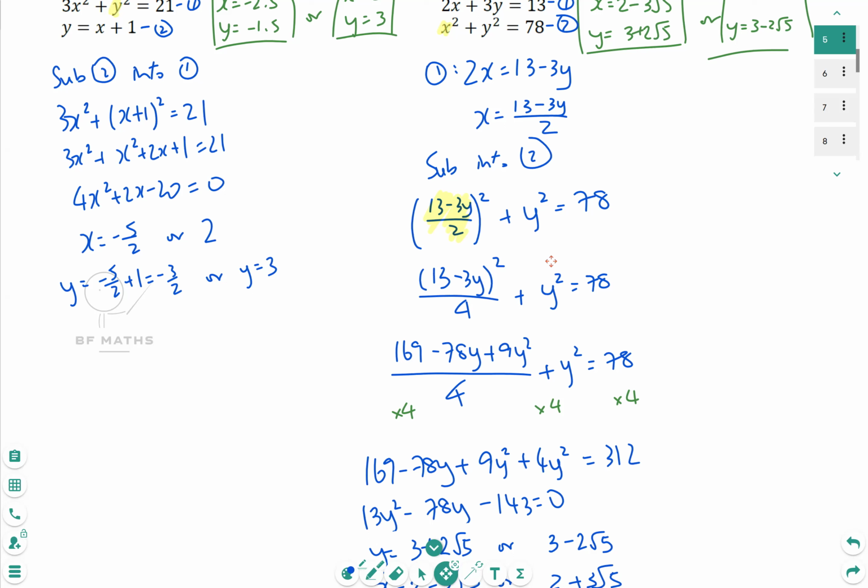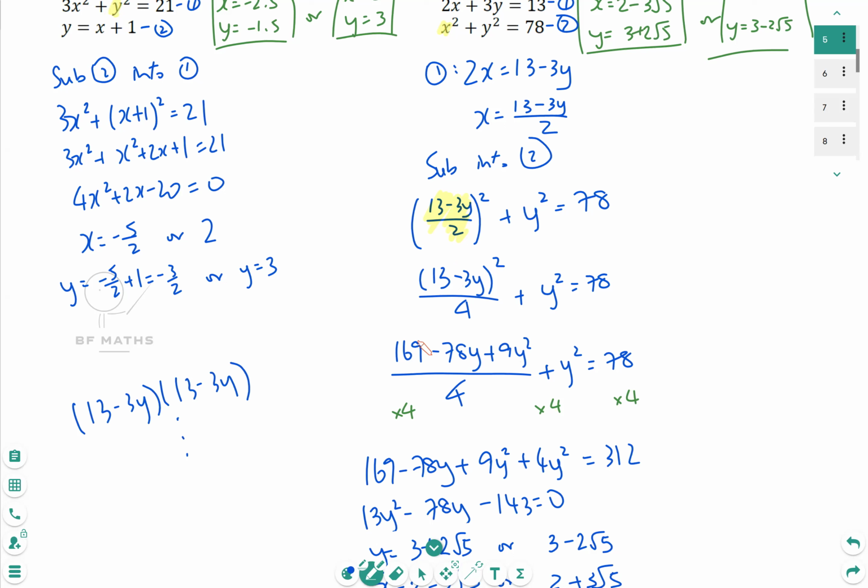I didn't do anything about y squared and 78, so I leave them as they are. Next, I expand the numerator, double bracket: 13 squared is 169, 3y squared is 9y squared. In the middle term, 2 times 13 times negative 3y is negative 78y. If you're unsure using the shortcut, always do it manually, writing it out as double bracket 13 minus 3y, 13 minus 3y, etc.